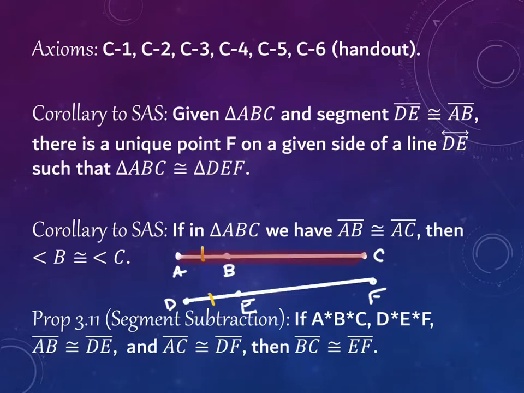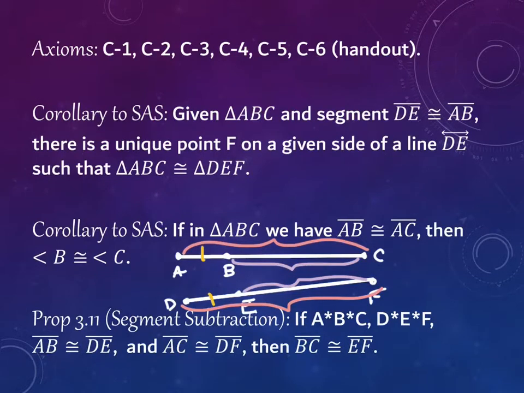So the whole length here is congruent to the whole length here. Let me do it like this. Those whole lengths are congruent. And then, of course, the resulting fact is that the pieces BC and EF are also going to be congruent.